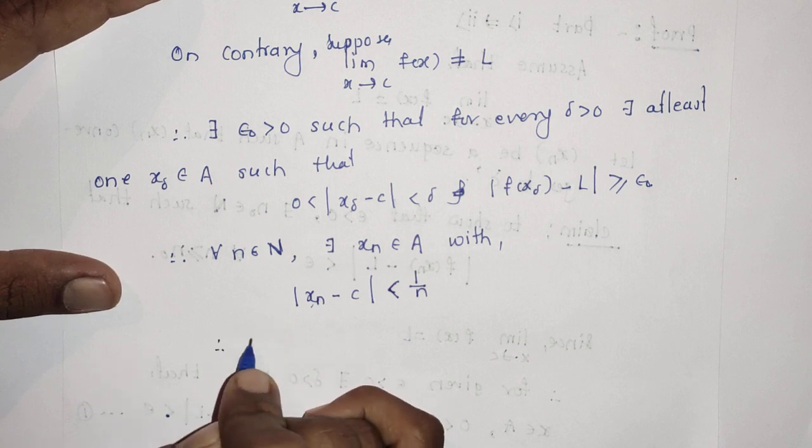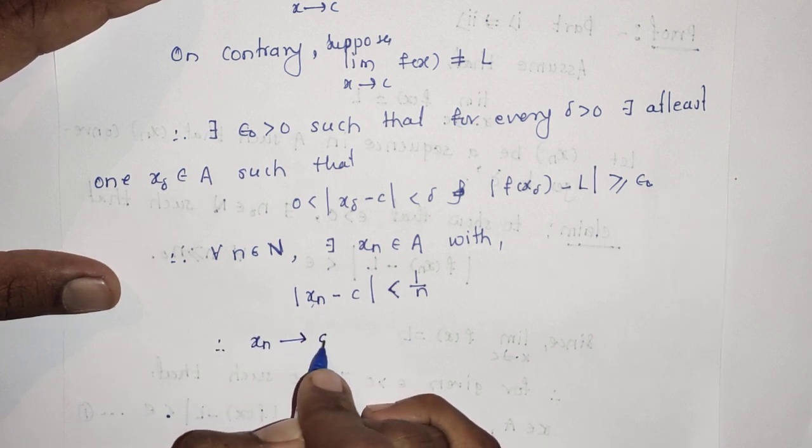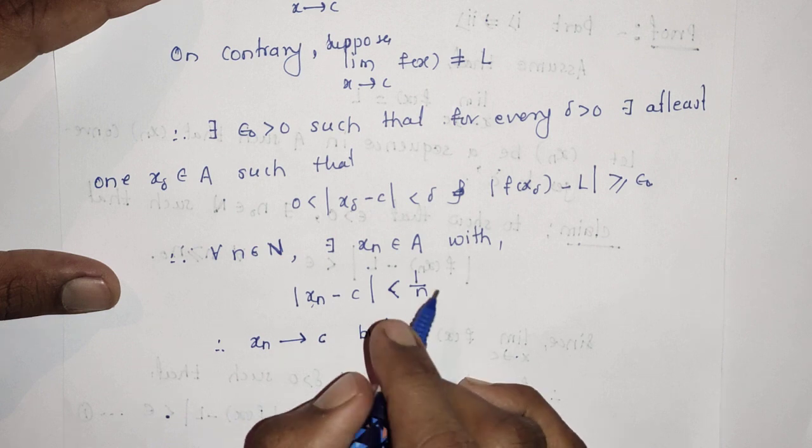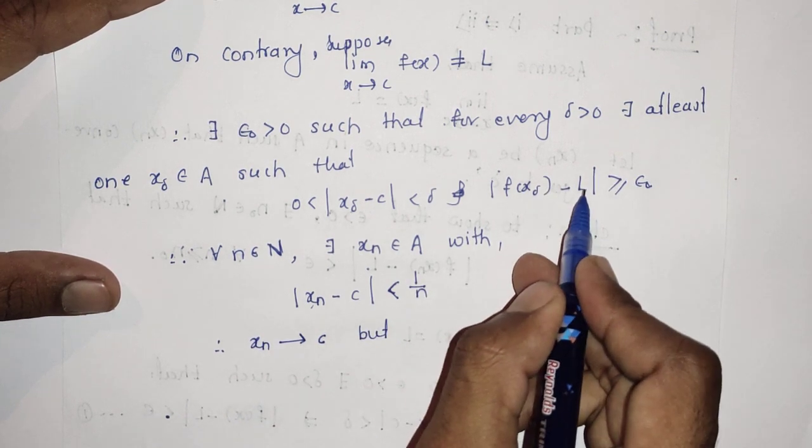Therefore, the sequence xn converges to C, but f of xn does not converge to L.